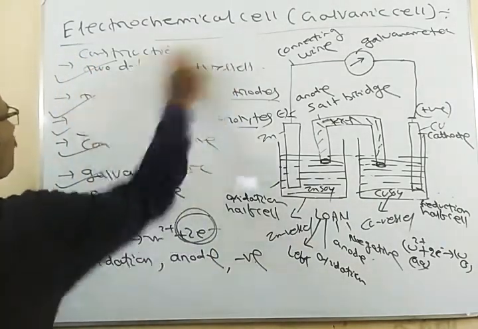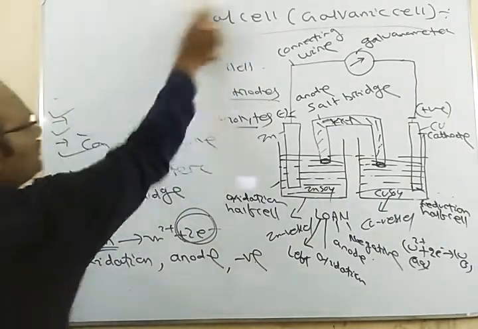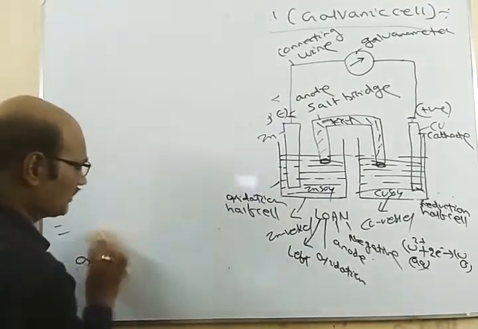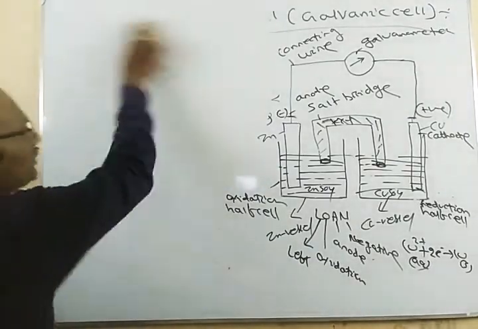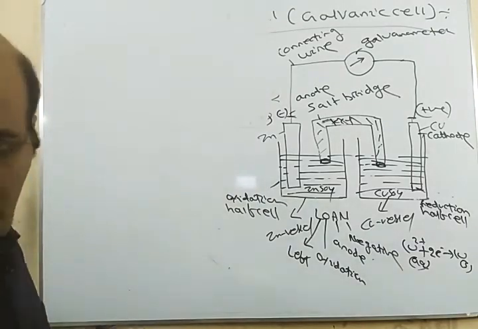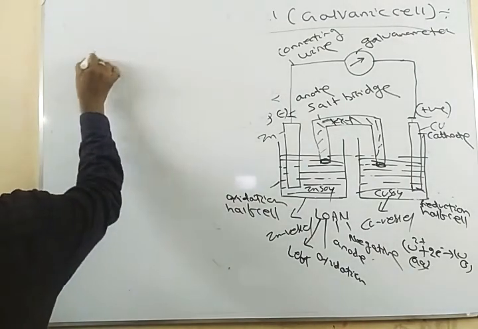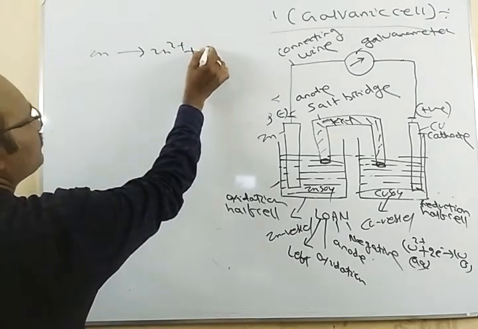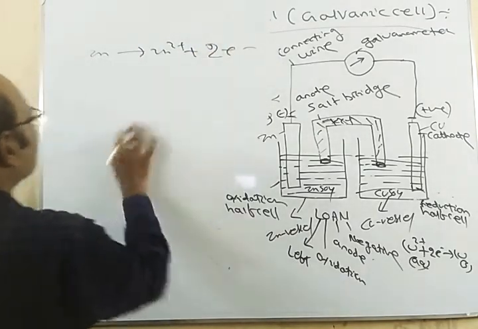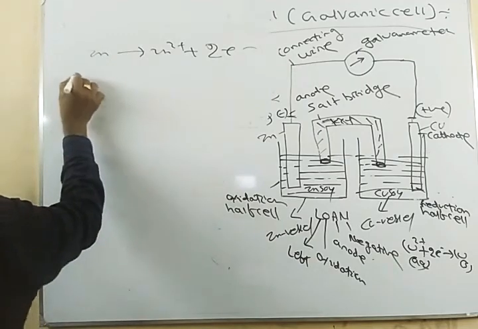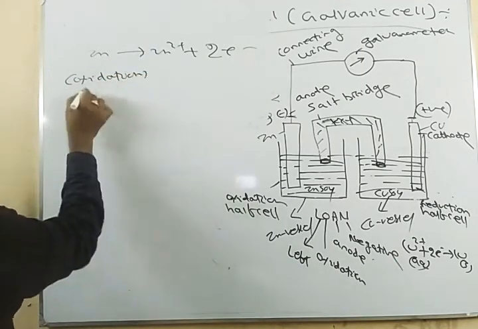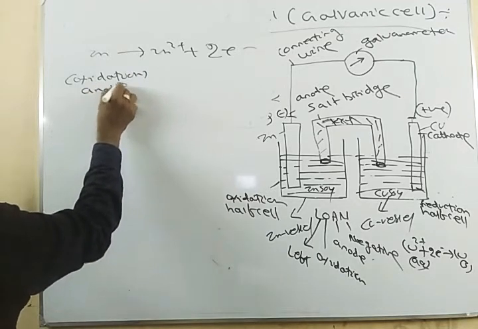Now we can represent this cell in different manners. For example, this is the zinc copper cell. Here zinc gives Zn2+ plus 2 electrons, which is oxidation, at the anode.